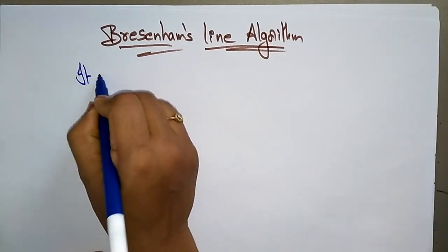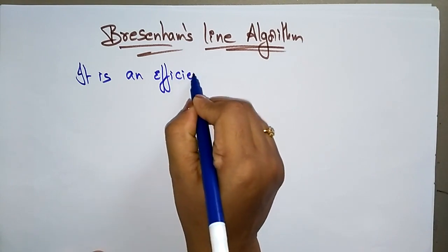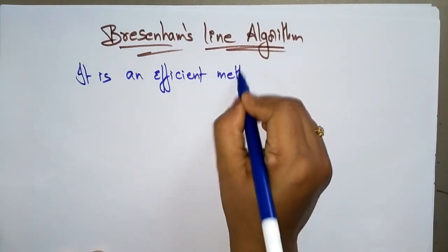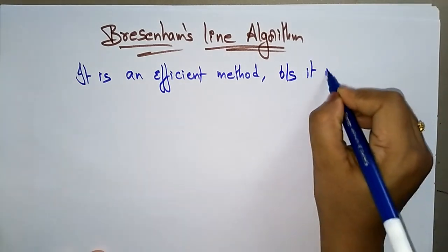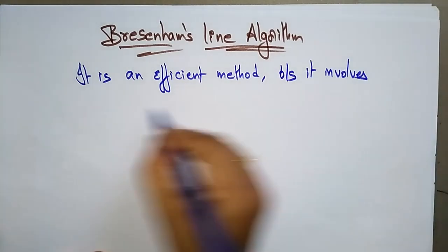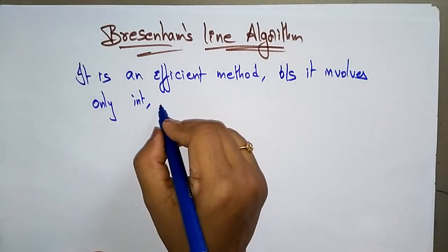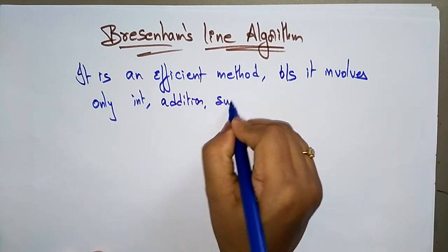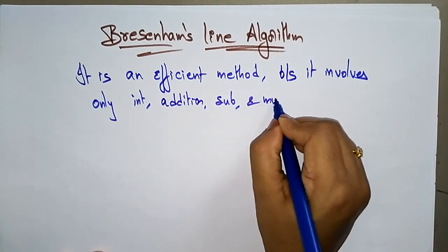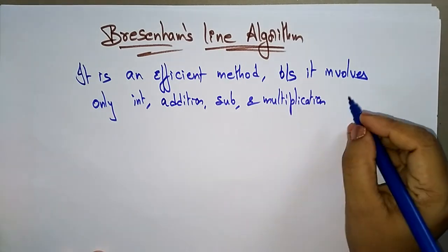Let me write. It is an efficient method. Why do we call it an efficient method? Because it involves only integers, like additions, subtractions, and even multiplication operations.